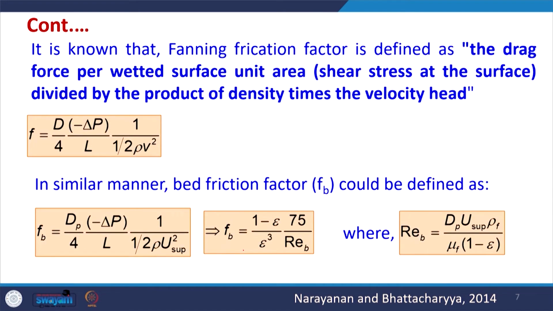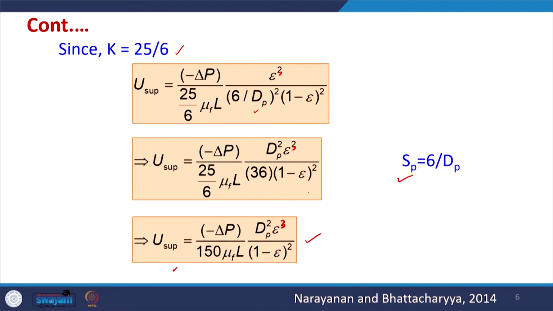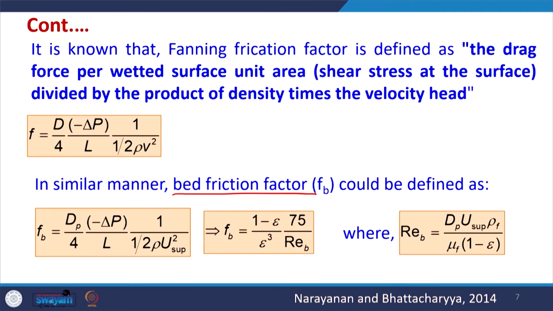Now, what we do is define another friction factor, which is called the bed friction factor. This particular equation can be reduced in terms of the bed friction factor. How can we go ahead? There is a Fanning friction factor which is used in fluid mechanics and fluid dynamics, and that is the drag force per unit wetted surface area, like the shear stress at the surface divided by the product of the density times the velocity head.